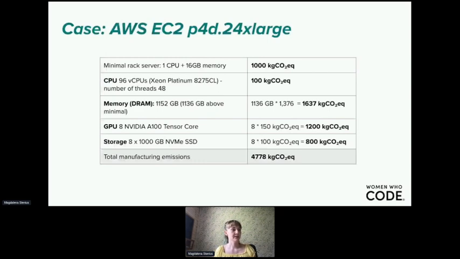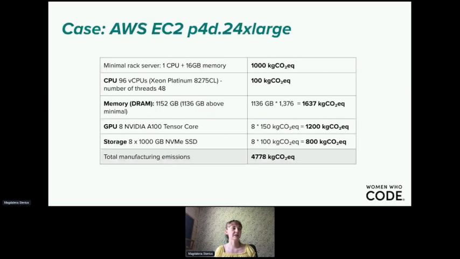On top of that, we can see from AWS documentation that this instance type has 96 virtual CPUs, and they are using the specific processor, Xeon Platinum 8275CL.